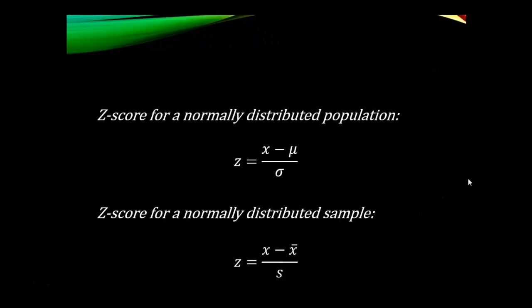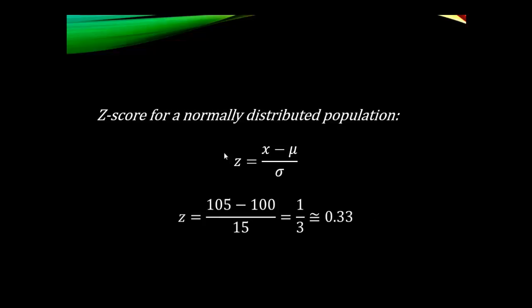Recall that to get from an x value of 105 to a z-score, I need to take the x value of 105, subtract the mean, and divide by the standard deviation. And that's for a population. Of course, it's the same for a sample, but different notation. In this case, we have 105 minus the mean of 100 divided by the standard deviation of 15. The z-score is 1/3 or 0.33.